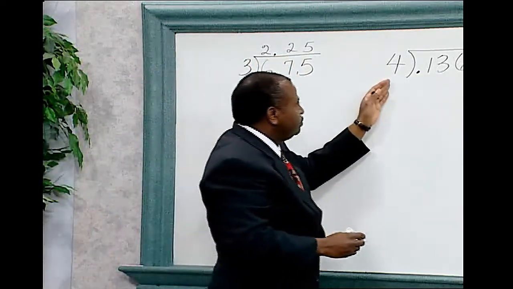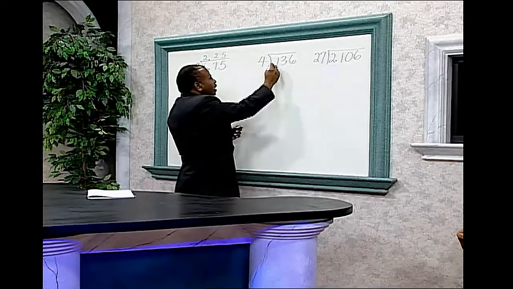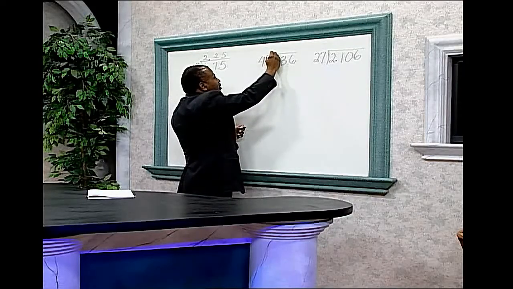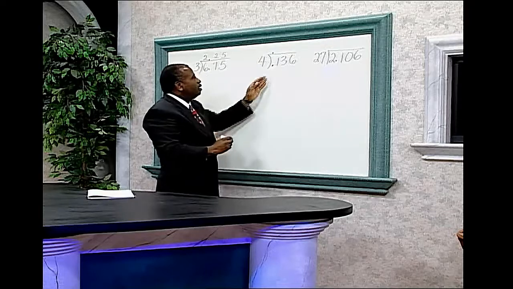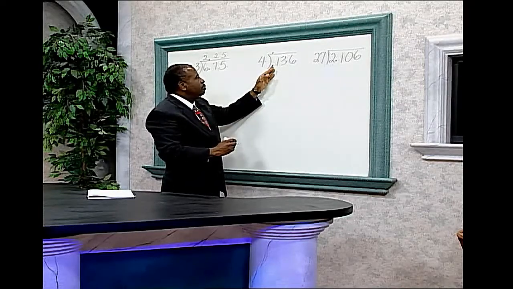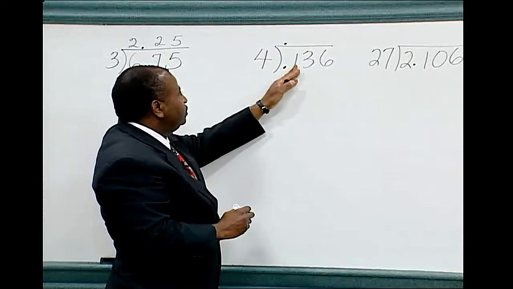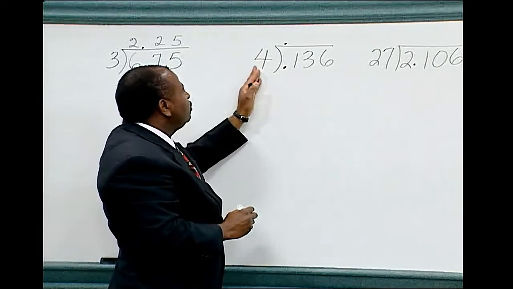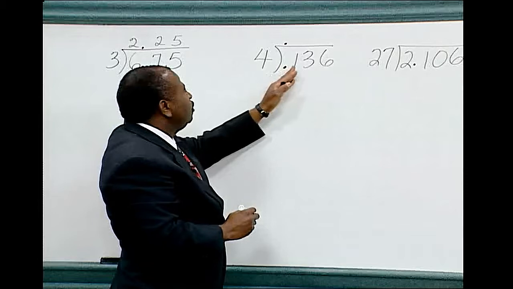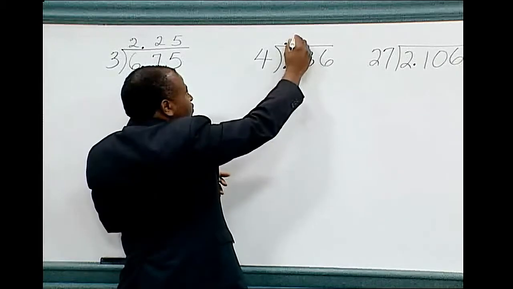Example number 2. Again, we need to place the decimal point in the answer, exactly above the decimal point that is in the problem. 4 will not divide into 1. Therefore, we have to divide using 4. We go into 1 0 times.